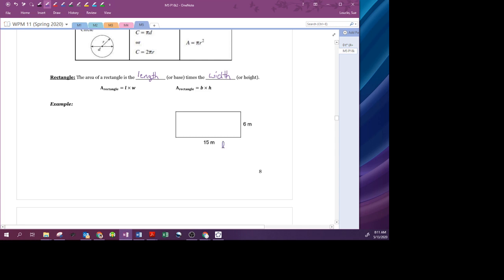So if this is our length and this is our width, then the area of this rectangle is length times width. So it's 15 times 6. So it equals 90, and that's meters squared. All right.